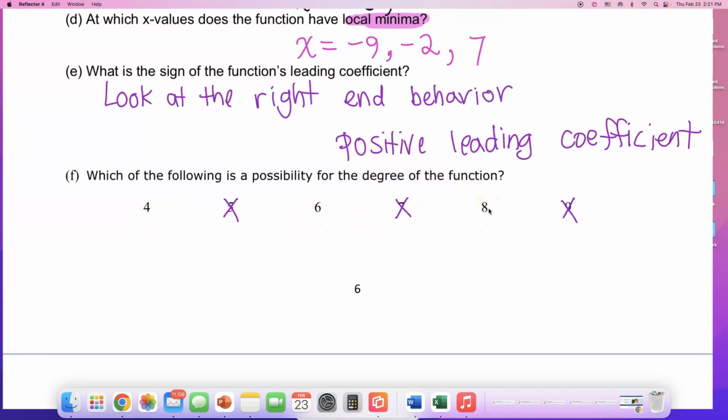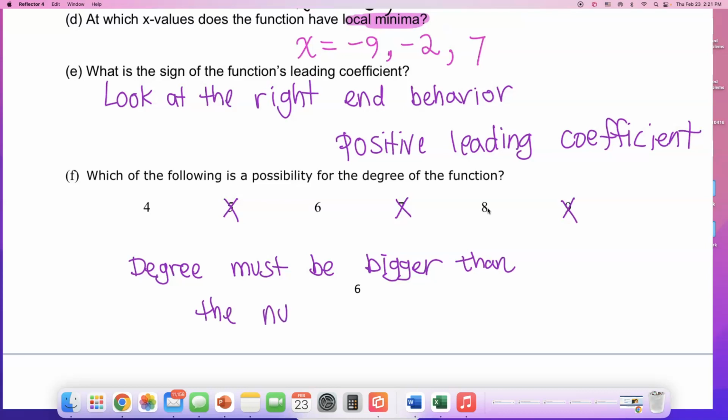Now you have to look at the number of turning points. Look, the degree must be bigger than the number of turning points the graph has.